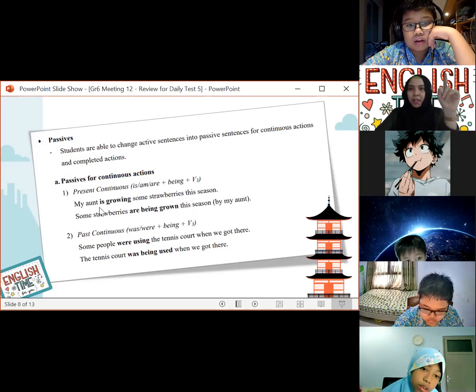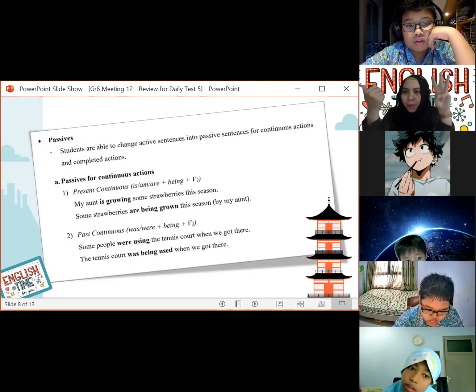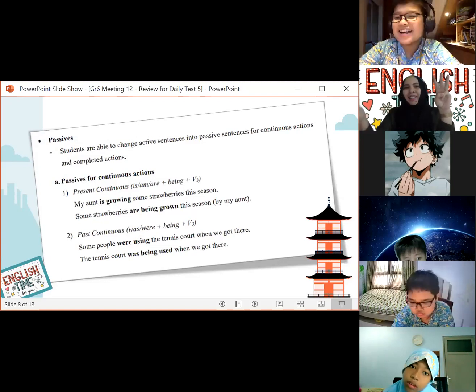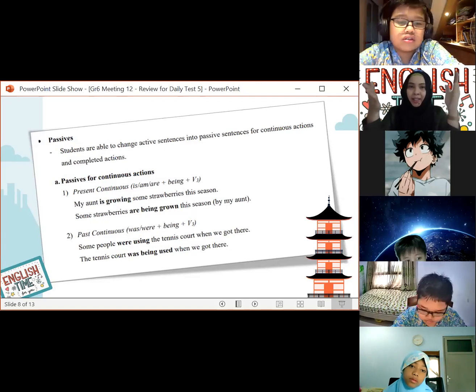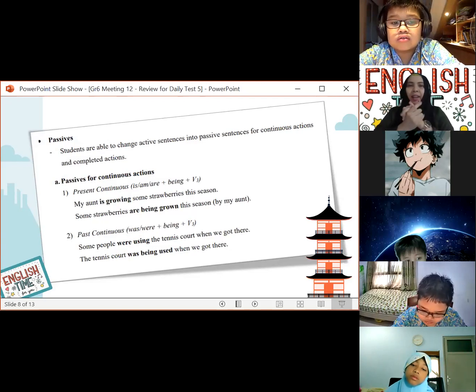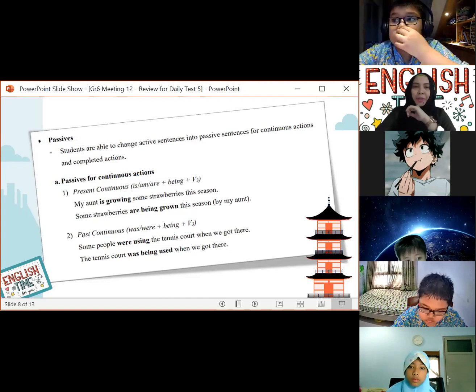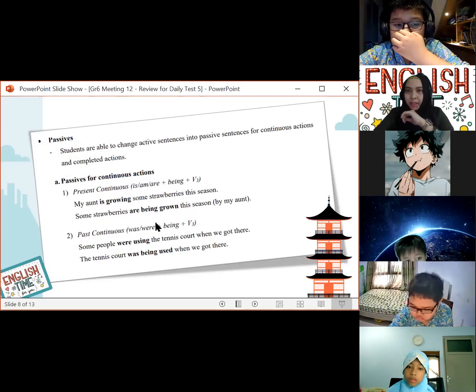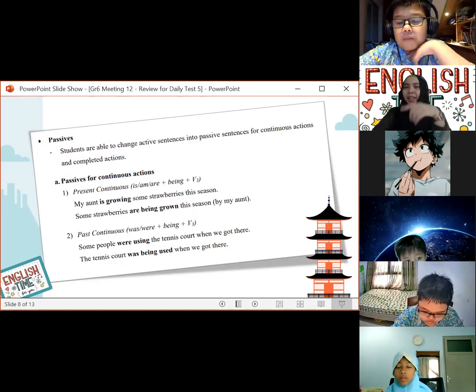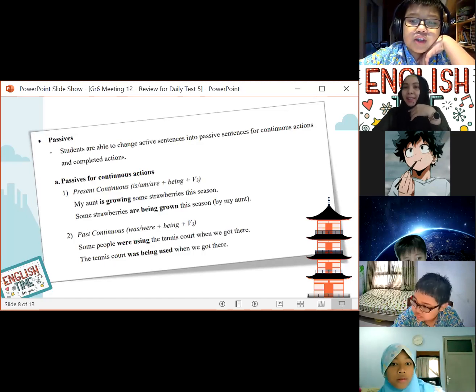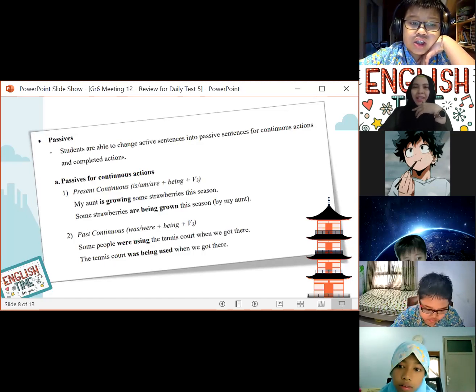If you see is, am, or are, you choose between is, am, or are plus being in the passive sentence. And if you see was or were in the active sentence, you need to choose between was or were plus being in the passive sentence. That's right, 6C.